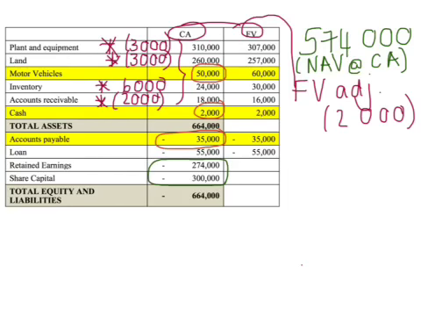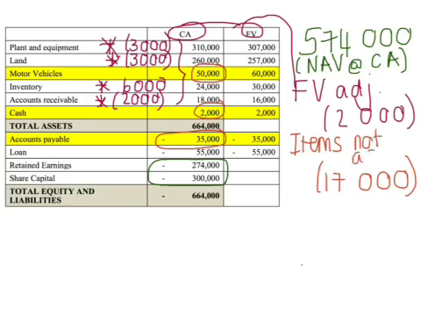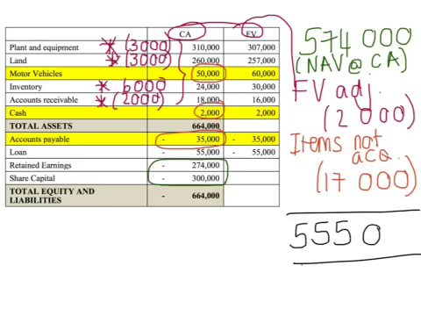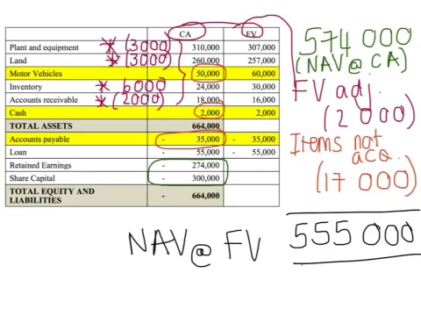So the net effect of that is a $17,000 adjustment, and you can call that items not acquired. Okay, so if we do the calculation then and make the adjustments, we'll get to our net asset value at fair value, which was the same as that we've calculated in the first calculation.